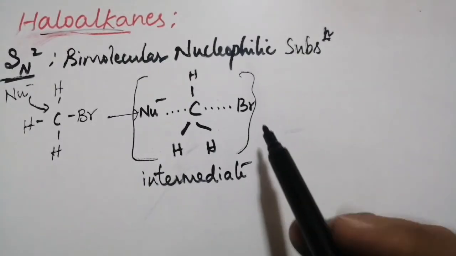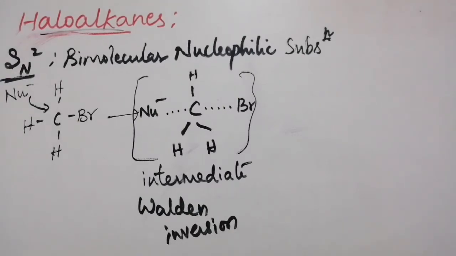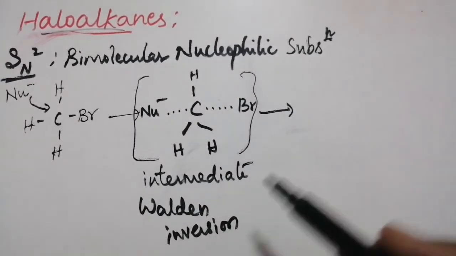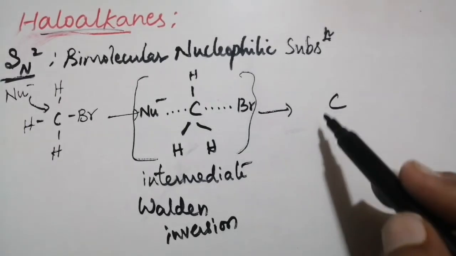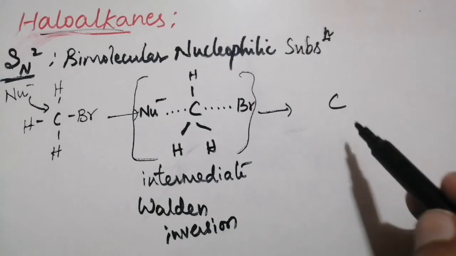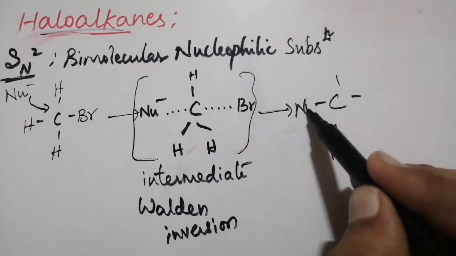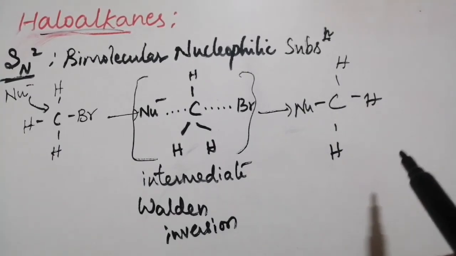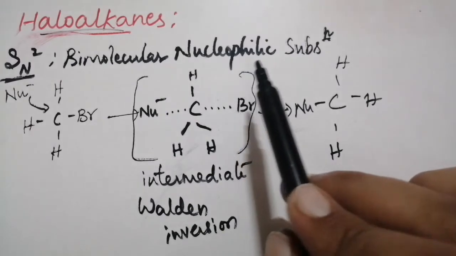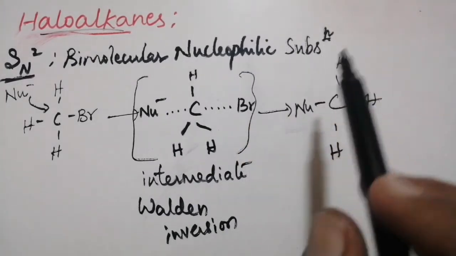That inversion we call Walden inversion. The reaction follows, my bromine goes off and my nucleophile gets added, forming a normal structure now. So this is the SN2 mechanism, that is, bimolecular nucleophilic substitution reaction.